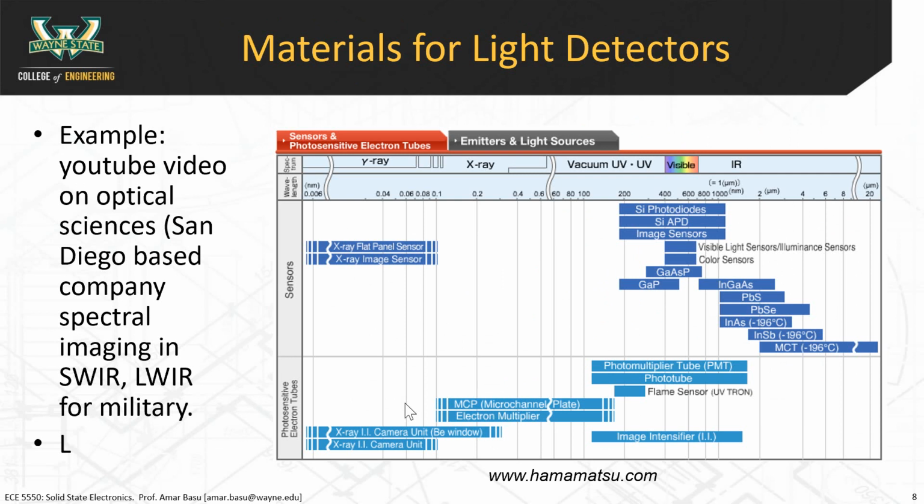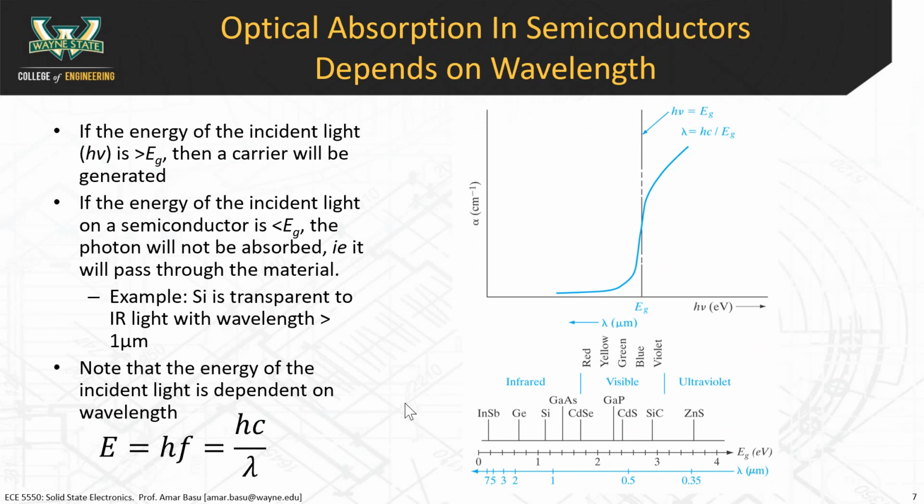So just to start off the class, I have a question for everyone. The question is, if you want to detect a certain wavelength, let's say I want to detect a 2 micron wavelength, okay? What would the corresponding, let's see, this chart will help you.